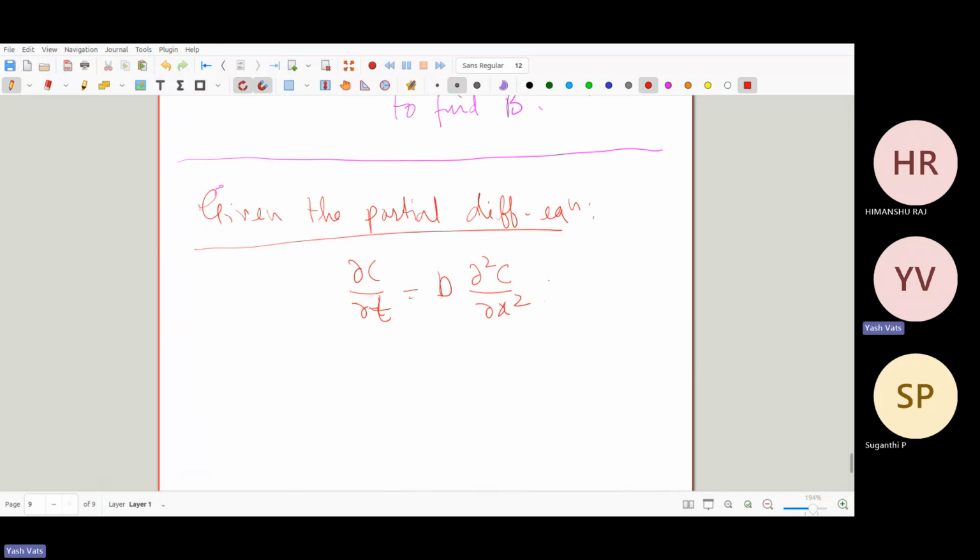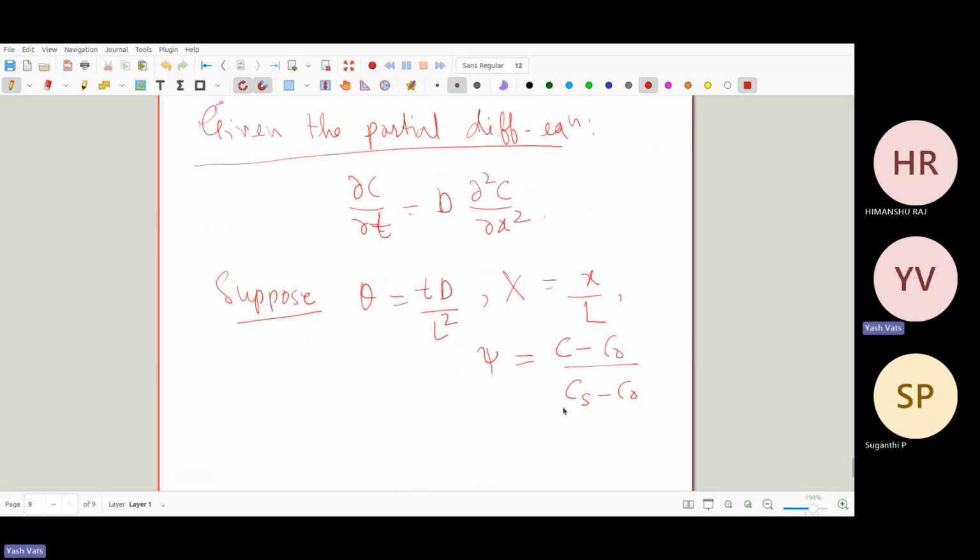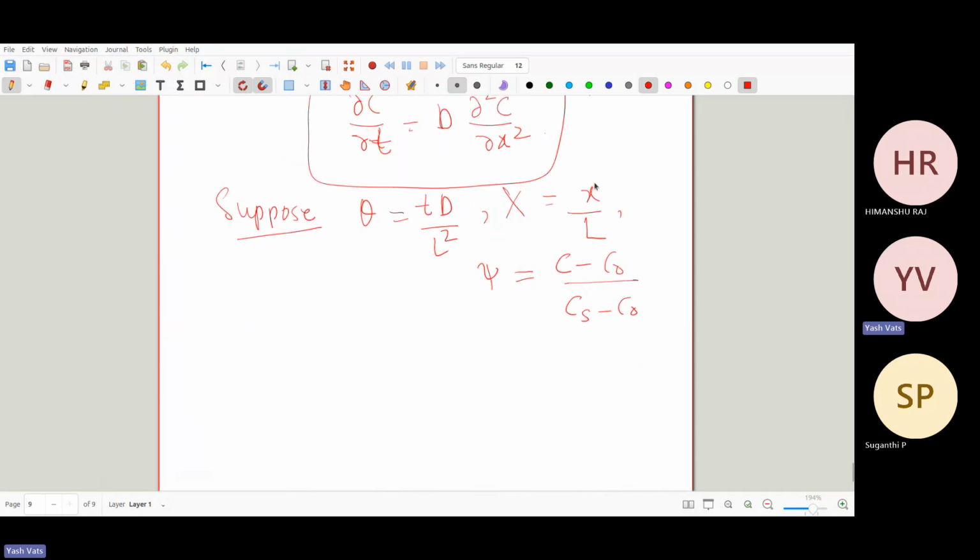So how to non-dimensionalize this? Suppose theta is given as D times T by L square, capital X is small x by L, and psi is just C minus C naught divided by CS minus C naught. Then how to modify this equation?